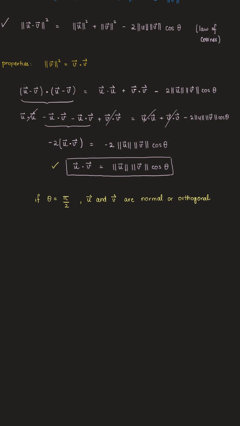So what happens if theta is pi over 2? We know that the cosine of pi over 2 is 0. So that means that the dot product, since cosine is 0, will be 0, since the dot product is the magnitude of one times the magnitude of the other vector times the cosine of the angle between them. So when we have two vectors that are orthogonal or perpendicular to each other, then their dot product is 0.